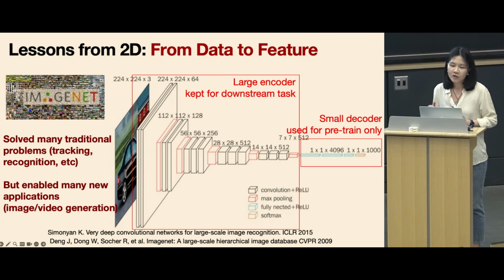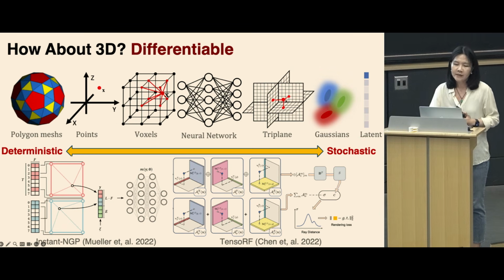Before we get to that, let's look at what happens to images. The key advance is that images can be mapped to features using either classic CNNs or transformers. Those features can be used for downstream tasks. The same is happening in 3D, and the 3D representations are becoming more stochastic than deterministic.